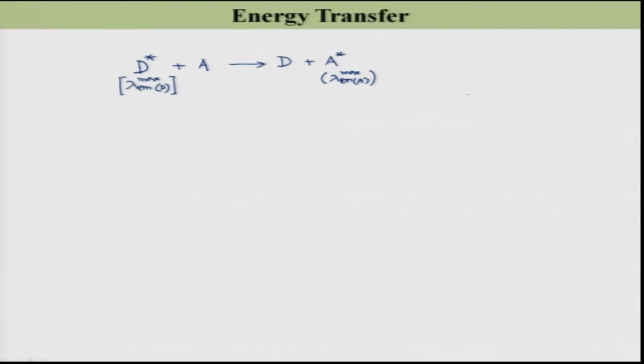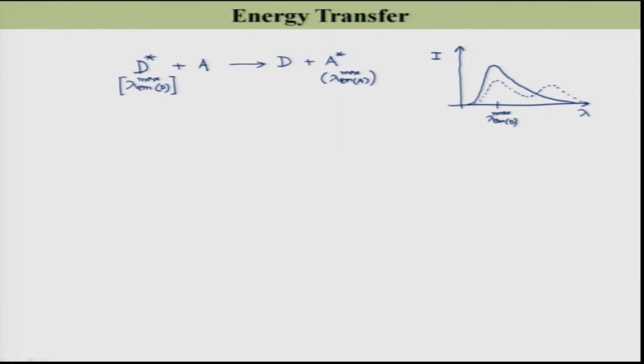Now if I plot this, this is my fluorescence intensity I, and then this is my wavelength lambda. Initially, when there was no A molecule, this is your fluorescence intensity, and this corresponding maximum is your lambda emission maxima of D. As you add this A molecule, this fluorescence intensity will decrease, but a new fluorescence will appear like this.